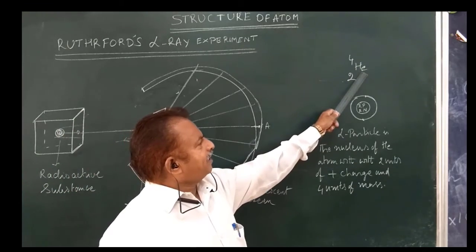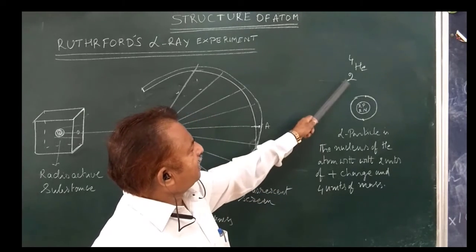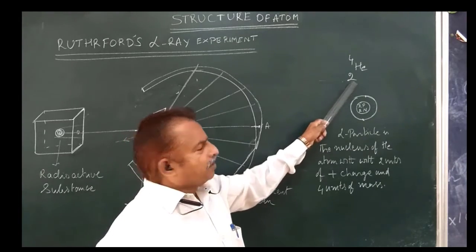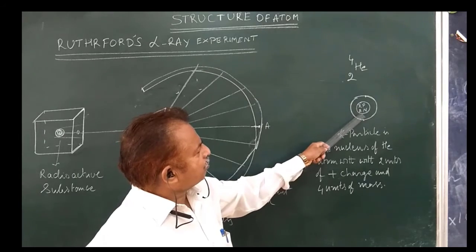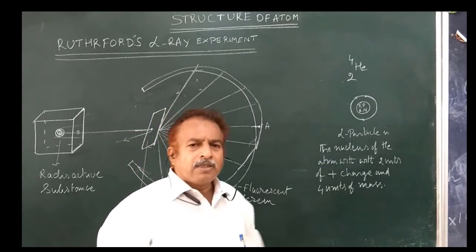Helium is a light gas with atomic number 2 and mass number 4, which indicates that helium has 2 protons and 2 neutrons in its nucleus, and it has 2 electrons.